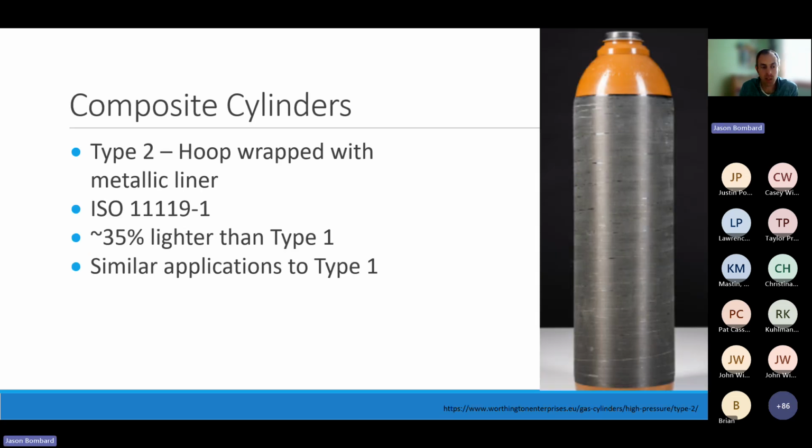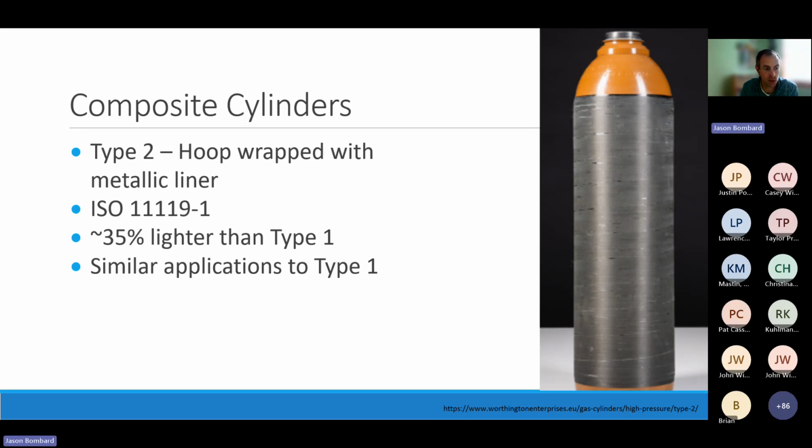Getting away from the type 1 cylinders into the composite wrapped ones. The first one is the type 2, which is the hoop wrapped cylinder with the metallic liner. And when we say hoop wrapped, that just means that it's wrapped around the cylindrical part of the cylinder, but the head and the bottom are left open.